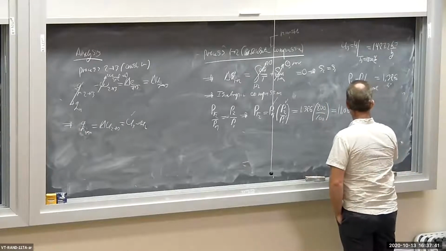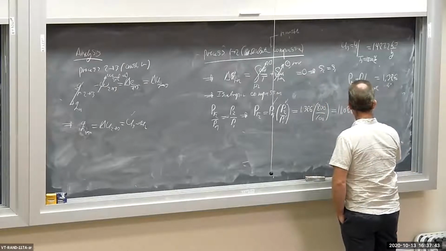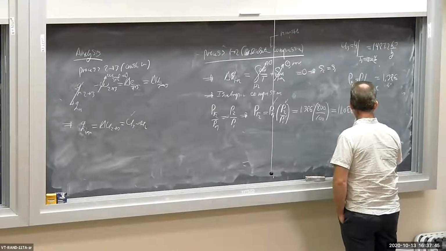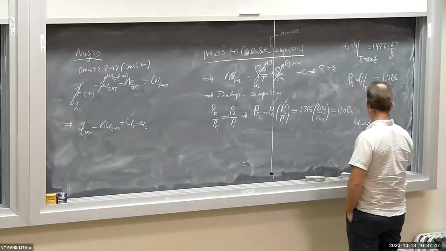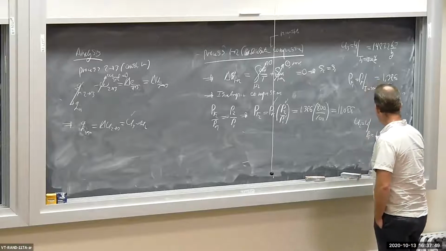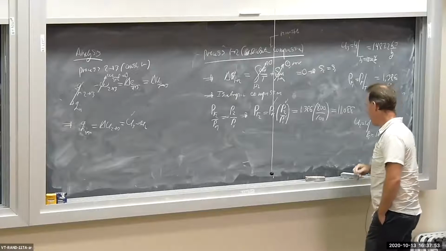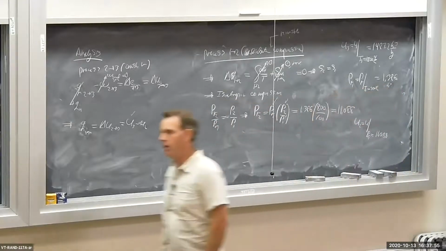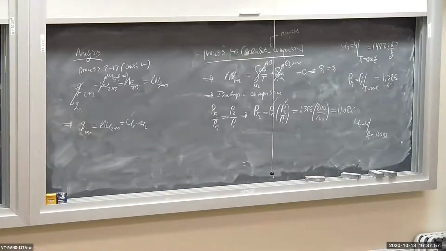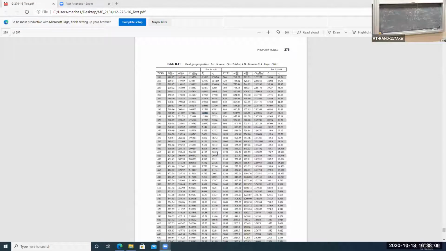So U2 is equal to U evaluated at a reduced pressure PR2, which is 11.088. For the isentropic process, let's find the internal energy at PR 11.088.